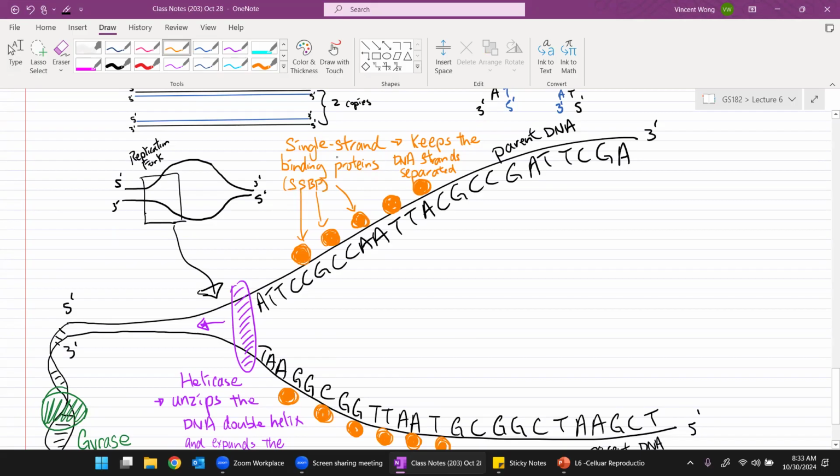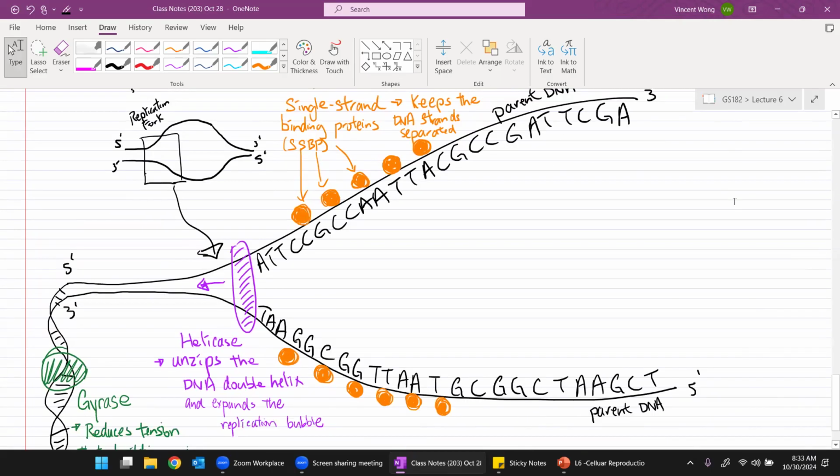Their job is to keep the DNA strands separated, and prevent them from coming back together. Because if you close the DNA strands and you no longer have access to the nucleotides, you won't be able to build the new strand. Okay, so that's where the story went up to last time, and we're going to continue with that right now.